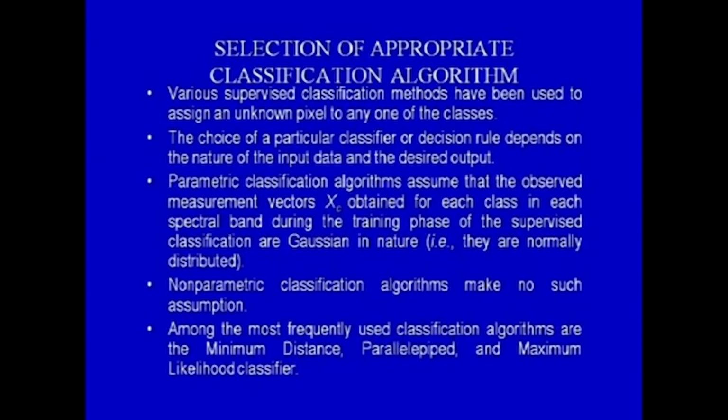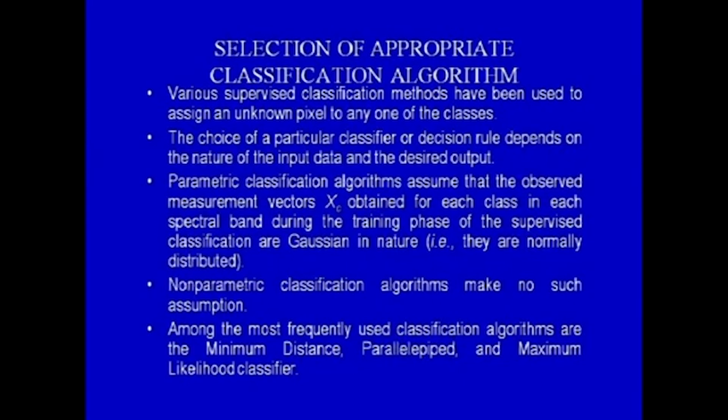Then we come to the next step in image classification, and that is selecting the appropriate classification algorithm. Various supervised classification methods have been used to assign an unknown pixel to any one of the classes. The choice of a particular classifier or decision rule depends on the nature of the input data and the desired output.